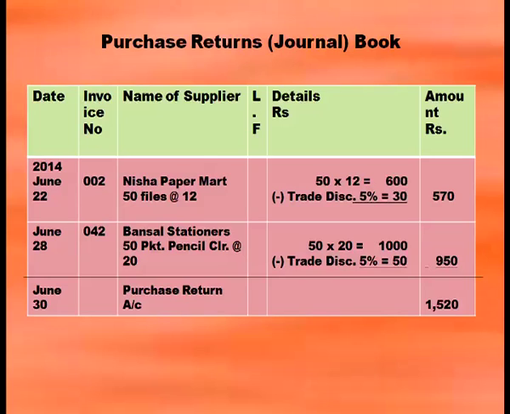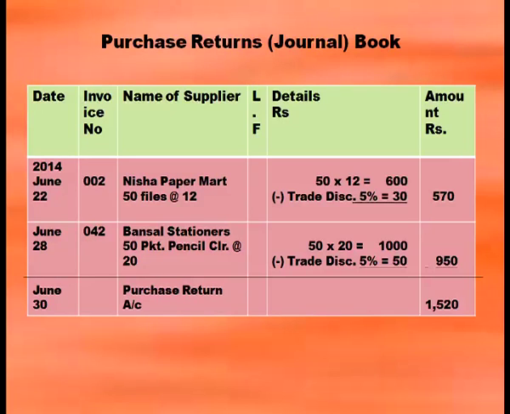Paper Mart, 50 files at rupees 12. 50 into 12, 600. Less trade discount at 5%, 600 into 5 by 100, 30. Net amount 570, that is 600 minus 30, will come in the outer column. Then from Bensel Stationers also we have purchased certain materials and we have returned to Bensel Stationers.